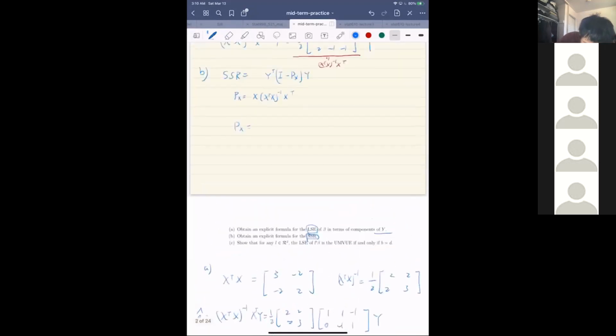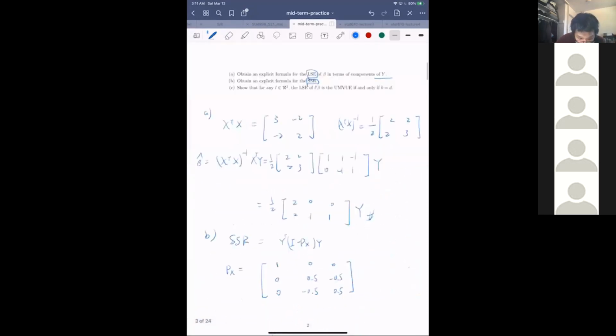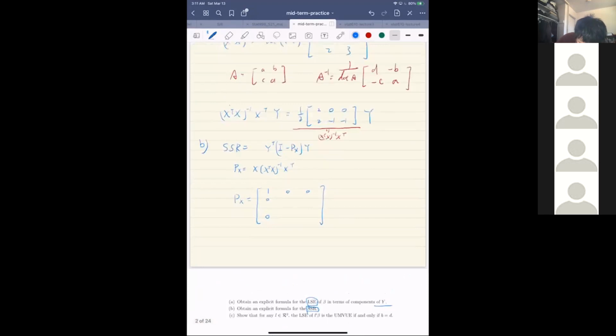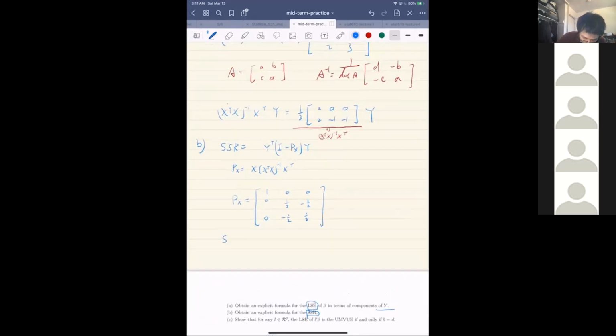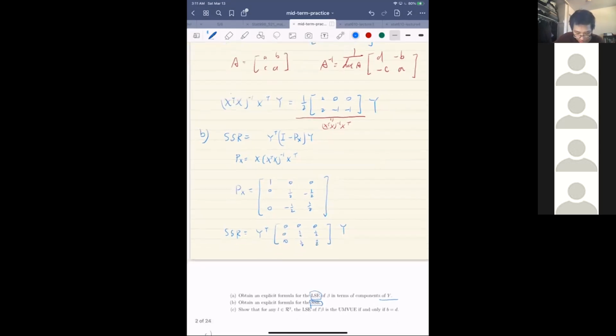Okay. 1, 0, 0, 0, 0, and 1 over 2, 1 over 2, negative 1 over 2. So the SSE is Y transpose the identity matrix minus this, so it should be 0, 0, 0, Y, and 1 over 2, 1 over 2, 1 over 2, 1 over 2. Okay.